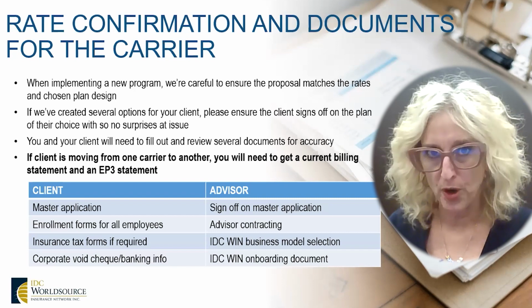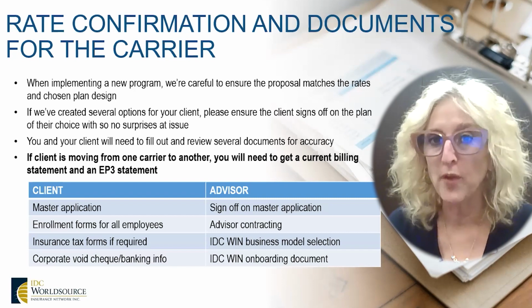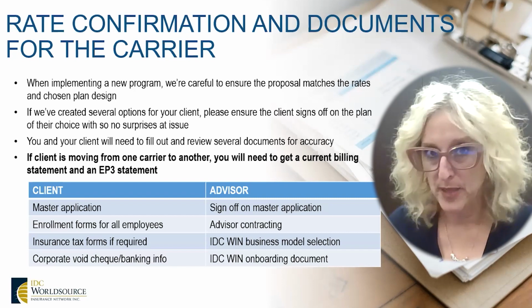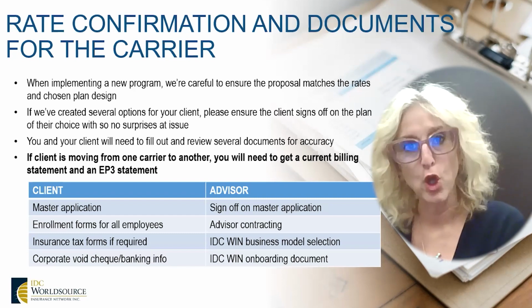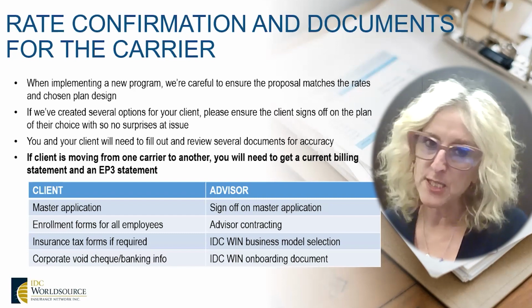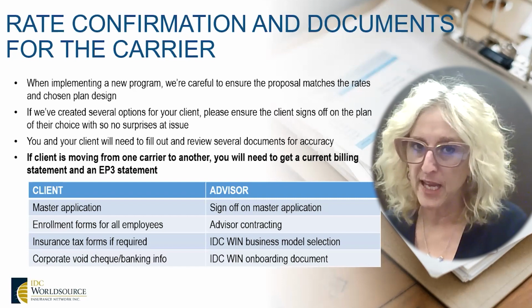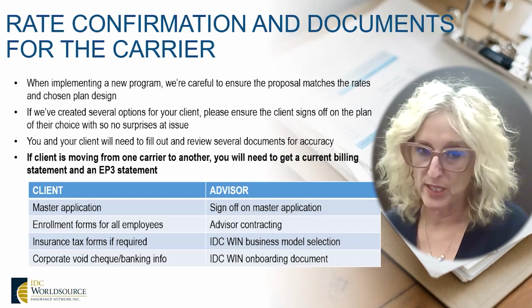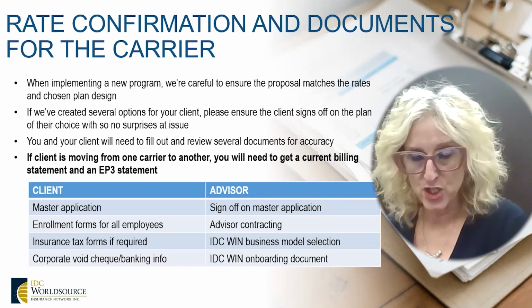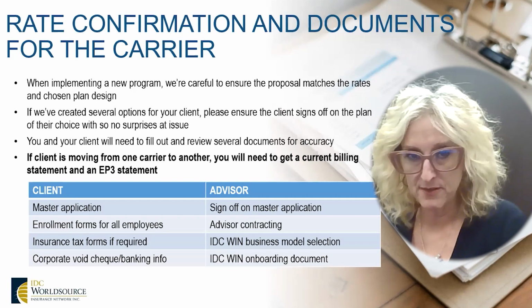You want to make sure that the employees know what the expectation is, that they're going to be getting an email, that they're going to have to log on to, input their dependent information, maybe some banking information, their own personal information, for the implementation of that group to take place, okay?